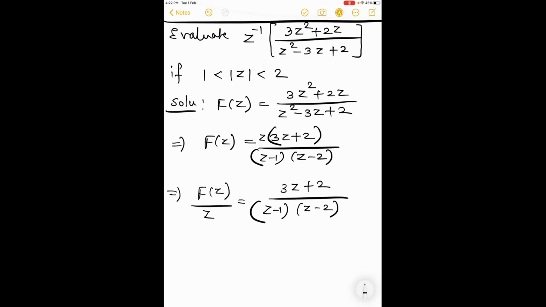Split it into two parts and tell me what is your partial fraction form.